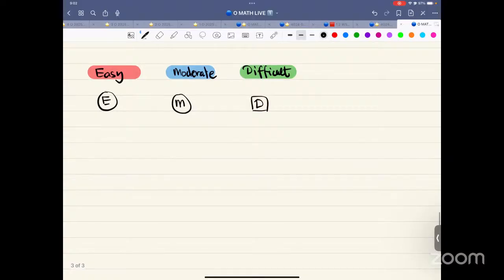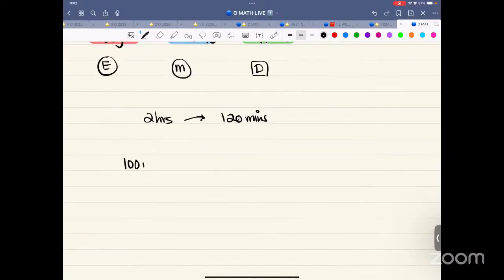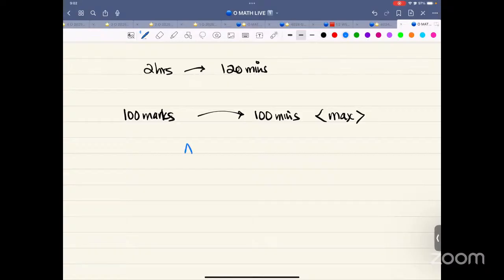Remember this: 2 hours is 120 minutes and we have 100 marks. That means you should be able to do 100 marks worth of working in 100 minutes maximum. And yes, this is achievable.